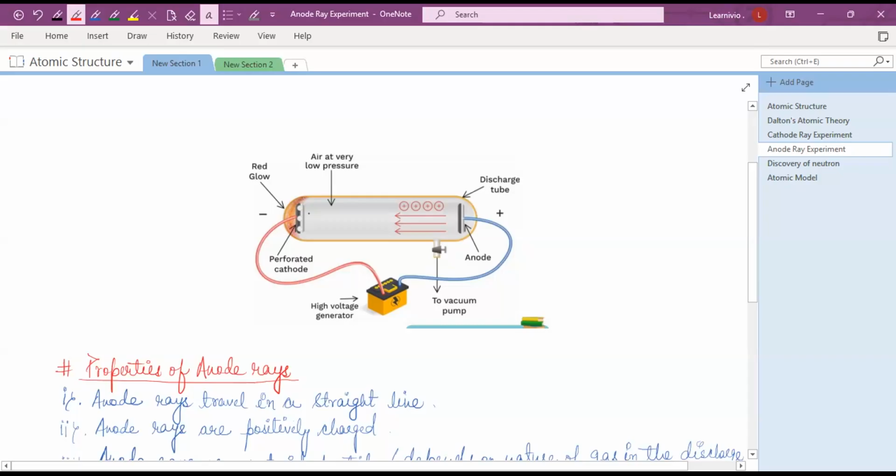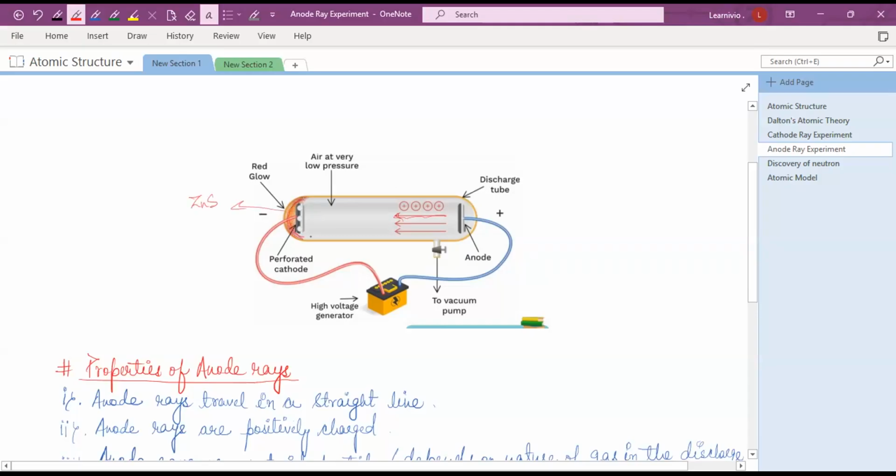On reducing the pressure, he reduced more pressure and applied more voltage. So he observed a new type of luminous rays passing through the holes of perforations, and here he coated it with zinc sulfide material.